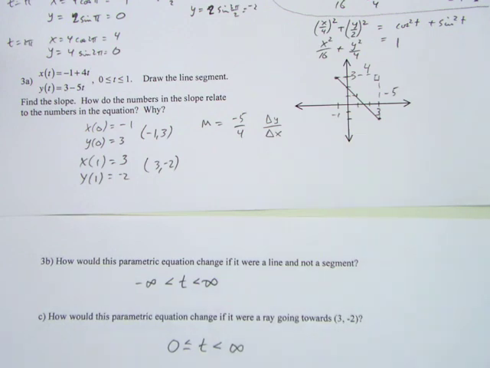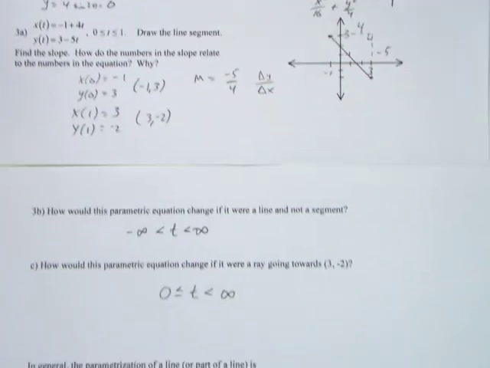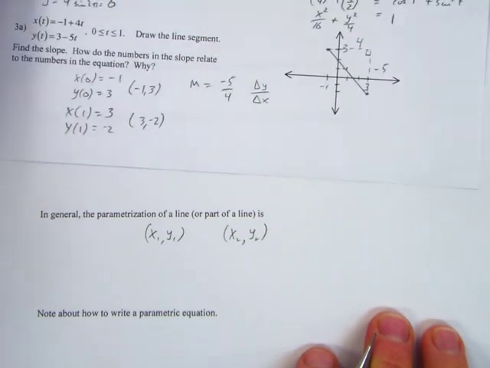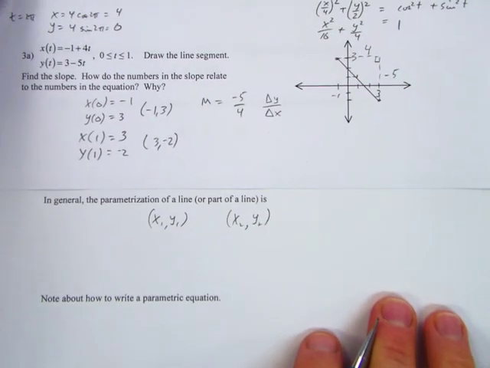In general, how are we going to set the parametric equations up? Well, if we're going to give a point x1, y1 and x2, y2, comparing it to what we had, you just kind of have this there.